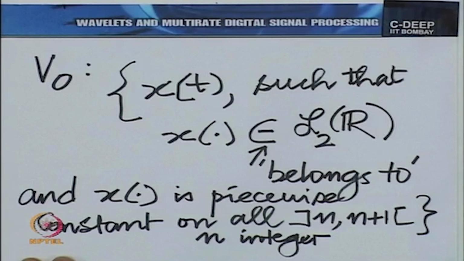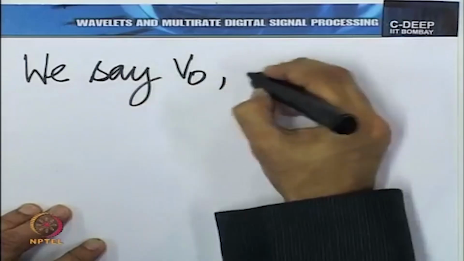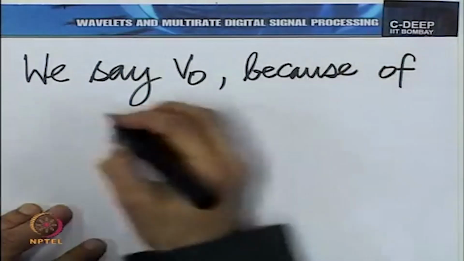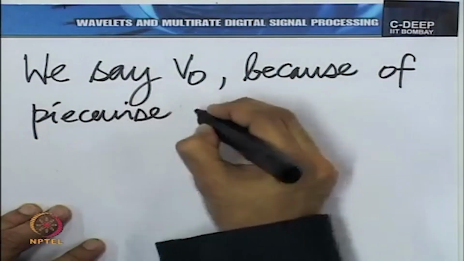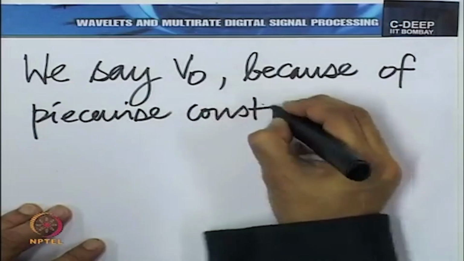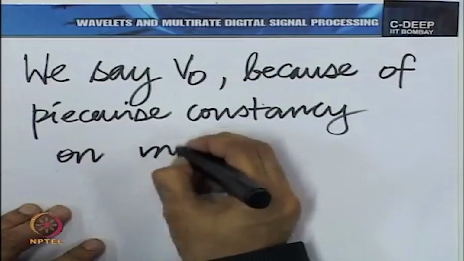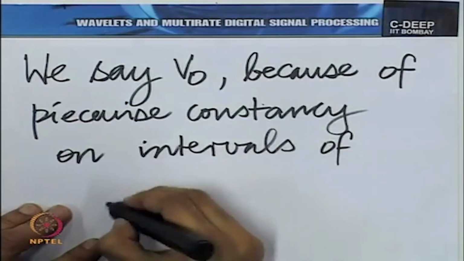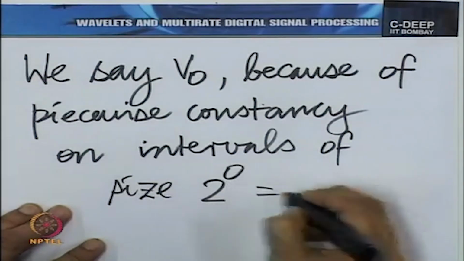So, we say V 0, because of piecewise constancy on intervals of size 2 raised to 0, which is 1.